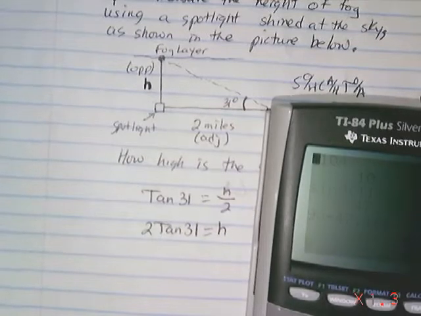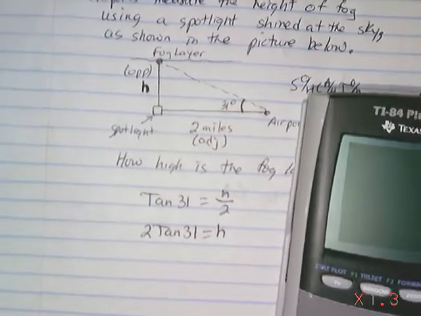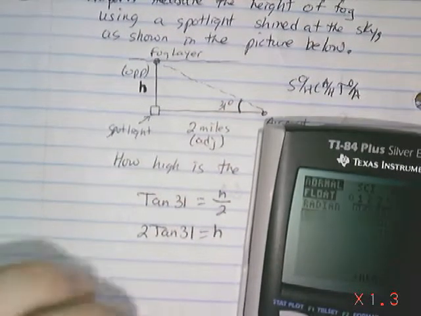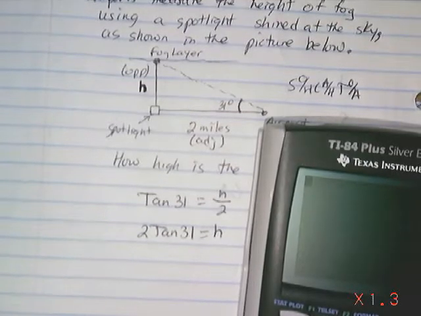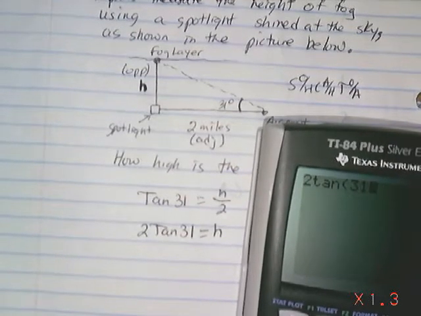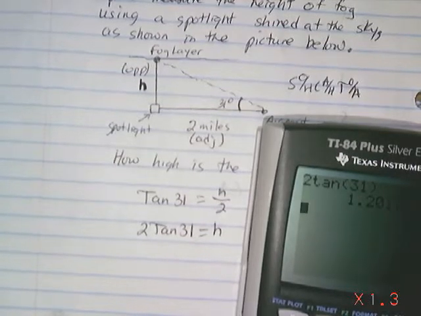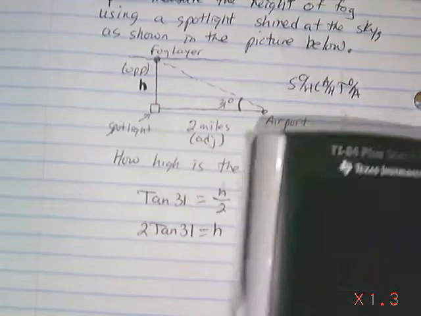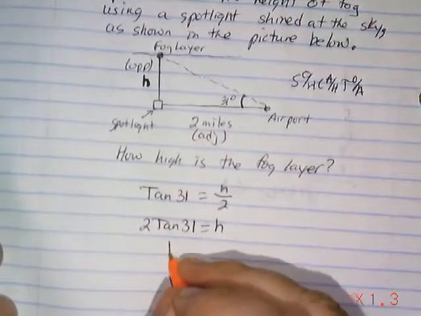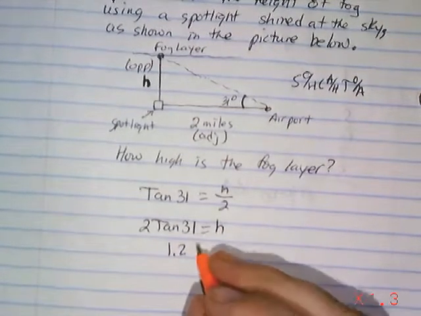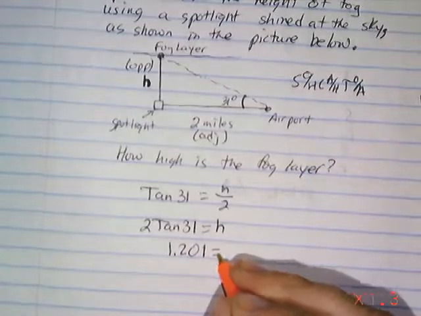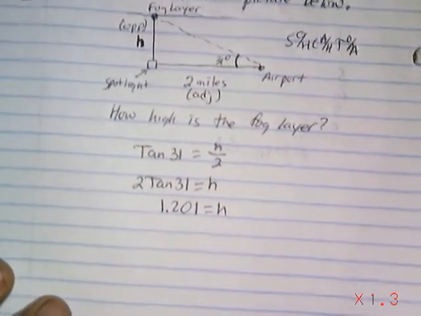Now let's do another example. A ladder is leaning against a wall, and it's going to be a 10-meter ladder.